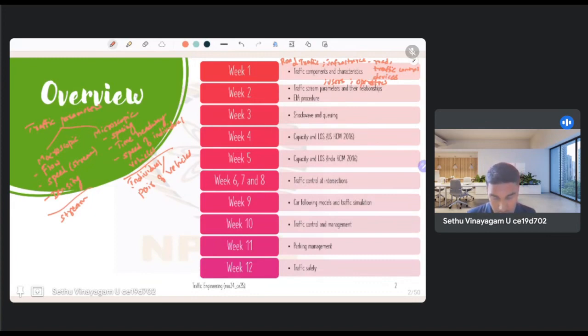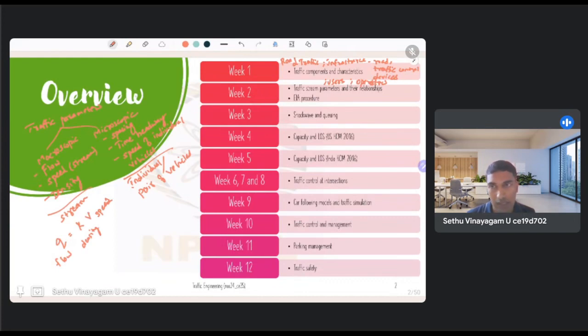Then we looked at the relationships. A basic relationship on the macroscopic scale is Q, which is used for flow, equal to kV, where k is density and V is speed. This is the basic relationship that we have.